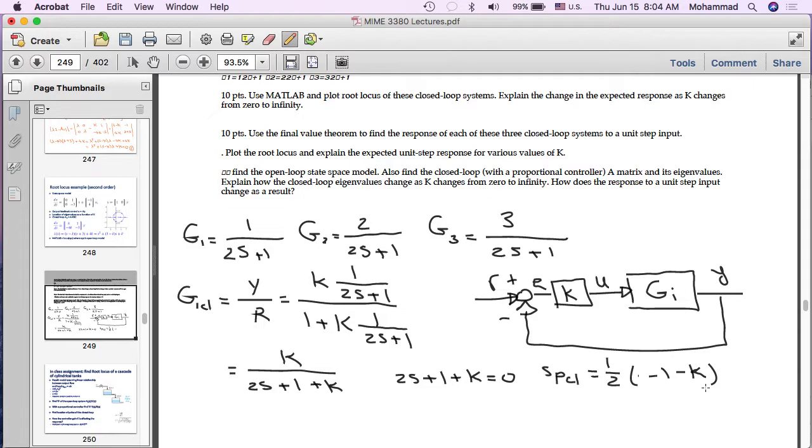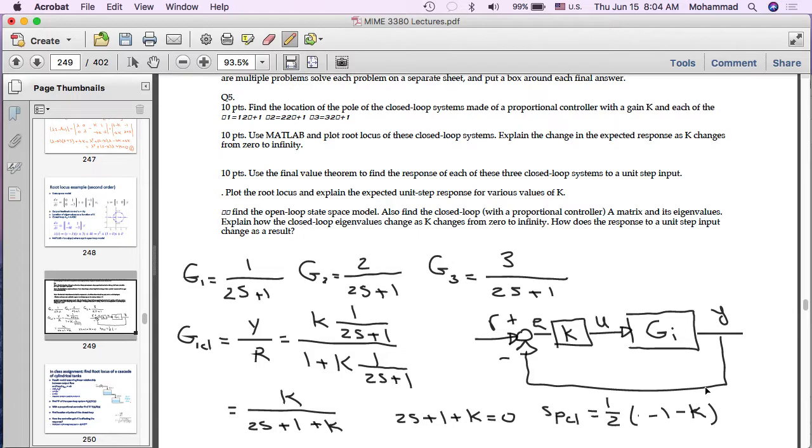And you can repeat the same thing with G2 and G3. The only difference is that the transfer function would be replaced by G2 and G3. So we solved the first portion of the quiz. Any questions before we move forward?